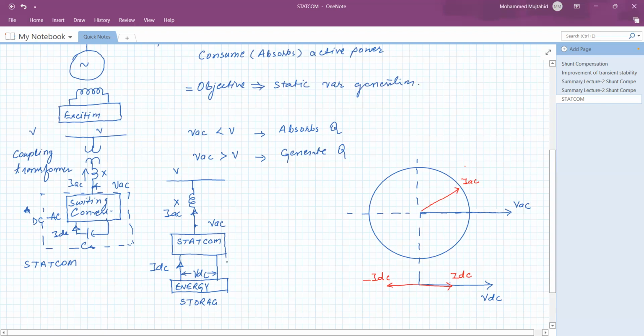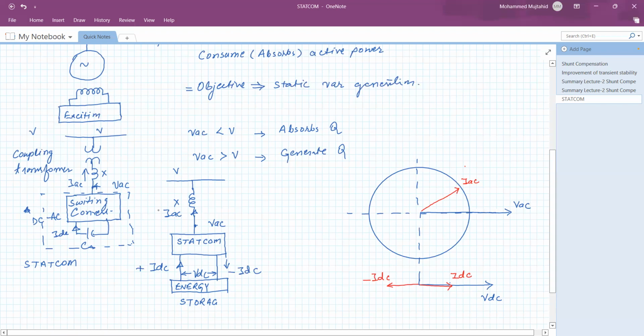But if the current is entering, meaning the battery charging system or some energy system getting the active power, this current may be IDC. In this direction, it is positive.